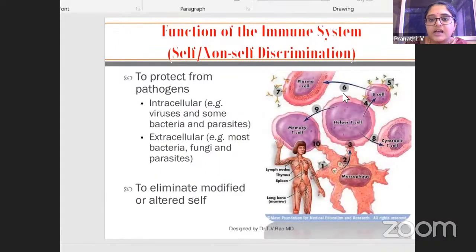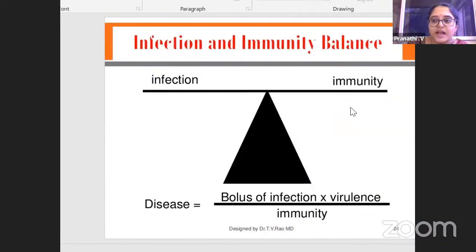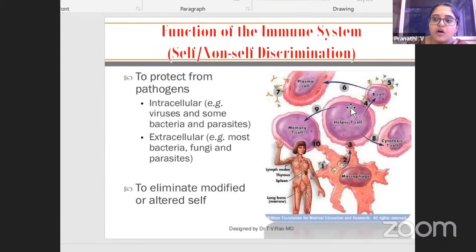To protect us, a very important factor is that we have to distinguish between self and non-self. That is where we have an issue: in certain autoimmune disorders, the cells cannot distinguish between the self and the non-self. So the cells are understood as foreign cells, and that is when we have an invasion against our own cells.